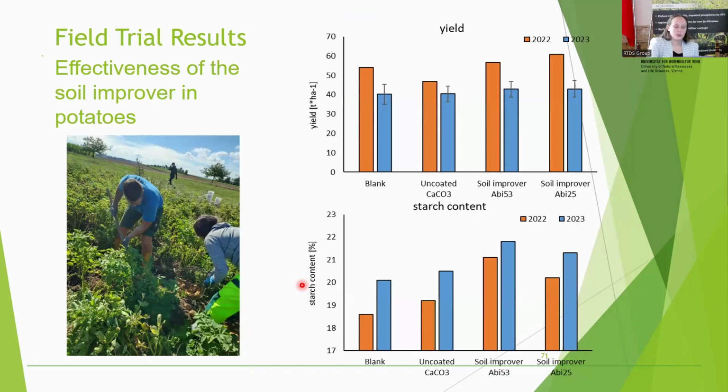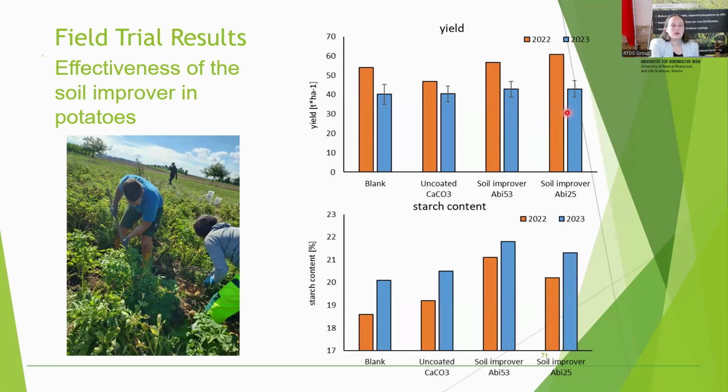Here I can show you some field trial results of the effectiveness of the soil improver in the potatoes, where we can see that we have overall higher yields and higher starch content in starch potatoes when the microorganisms are applied in the form of the soil improver.